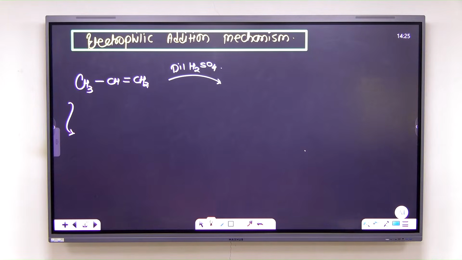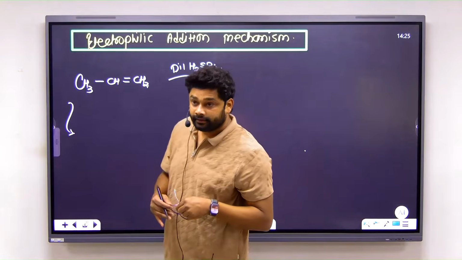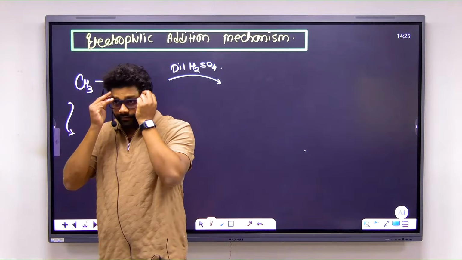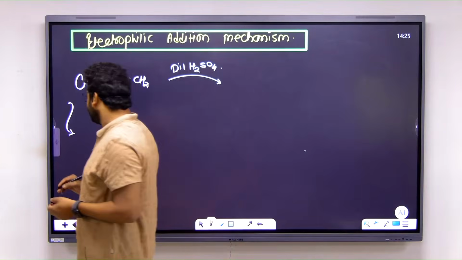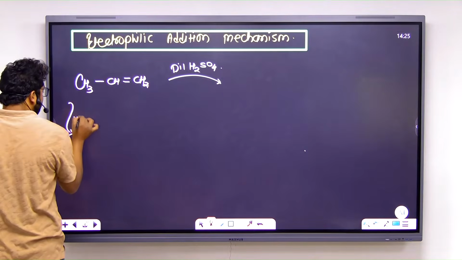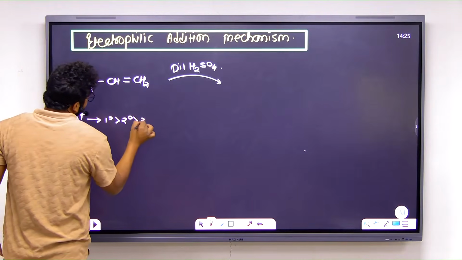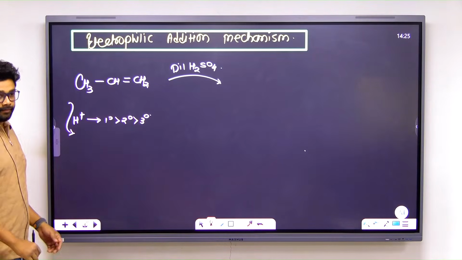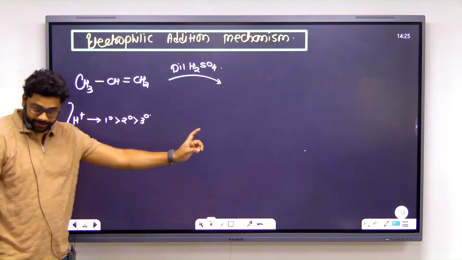Who is the first to be added? Electrophile, obviously. It is electrophilic addition. So you are going to add the electrophile H plus, and always remember it always attacks a double bonded carbon having what category? Primary, secondary and tertiary.